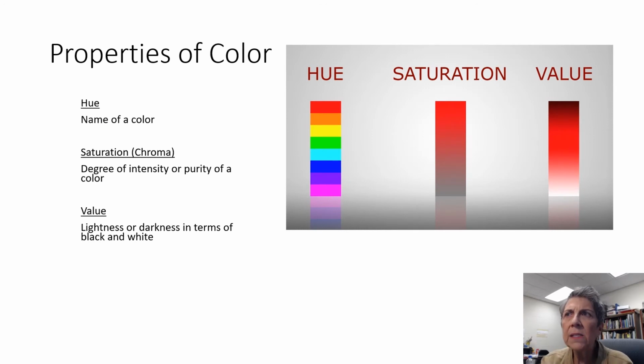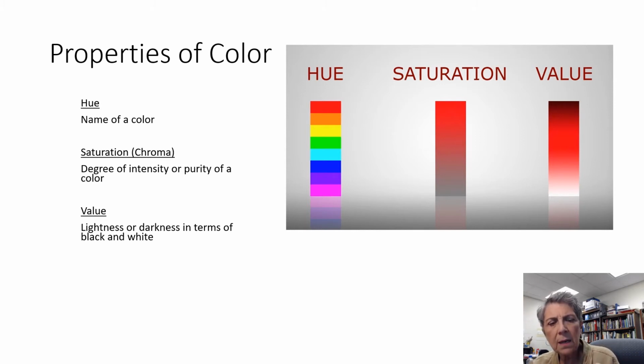So these are the properties of color. Now, first of all, hue is the name of a color. You say that hue is yellow or that hue is red. And then saturation of value. Now, I don't think this diagram shows it clearly, but let me explain. Saturation is the brightest a color can be.